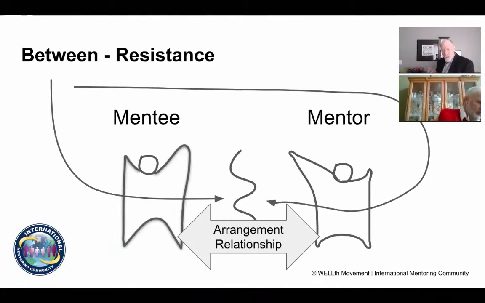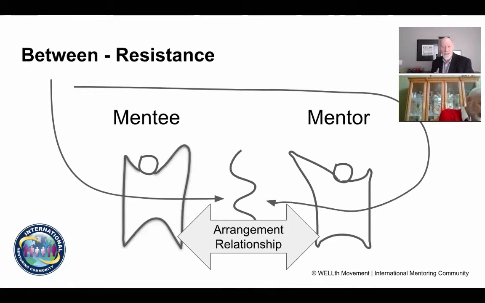Sometimes, if not, I will say 99% of the time, you will engage in some kind of resistance. Now, you don't want to get it to the point that it becomes conflict between you, but there will be a little bit of resistance because it's two unique human beings coming together to have a conversation. So be alert to that resistance.